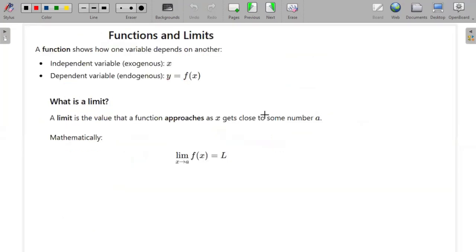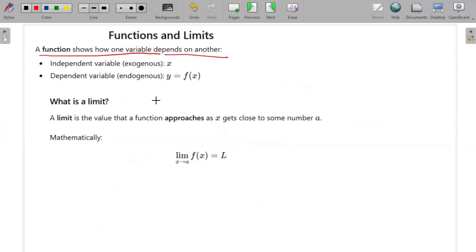All right, so now we move on to look at the concept of a function. I want us to first just understand these, and then we'll later look into a few questions here and there. Functions, in simple terms, show us how one variable depends on another variable.